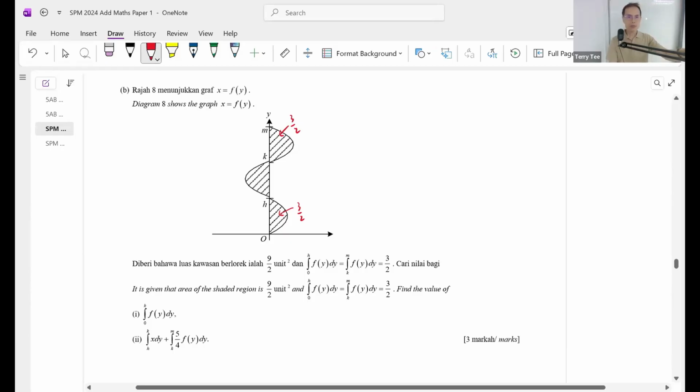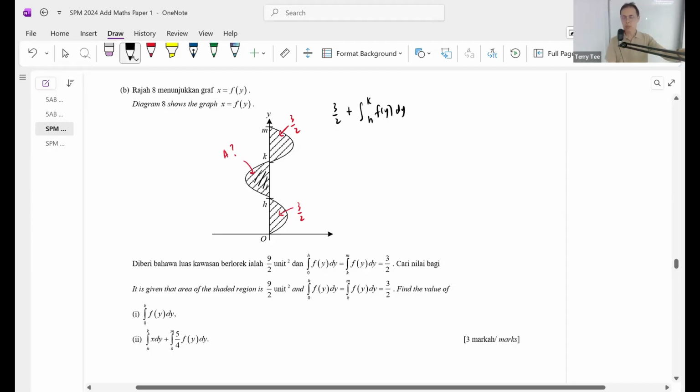Now, the one on the left, we do not know what the area is. So can we add them together? We know that the total area is 9 over 2. So maybe I write 3 over 2 plus the integration of h to k of f(y) dy. But be careful, this area cannot be negative.